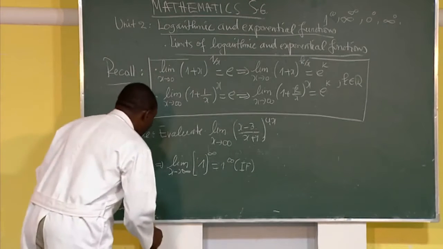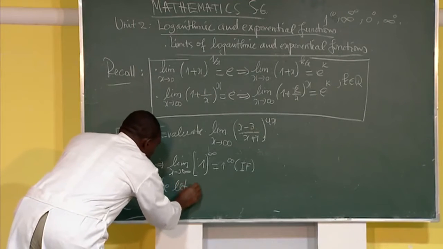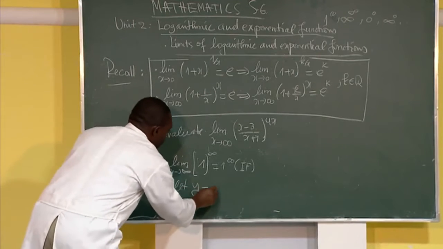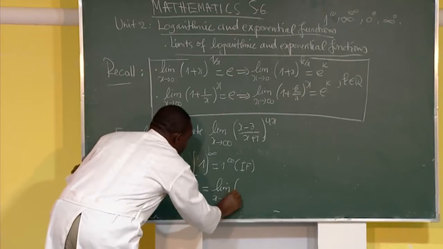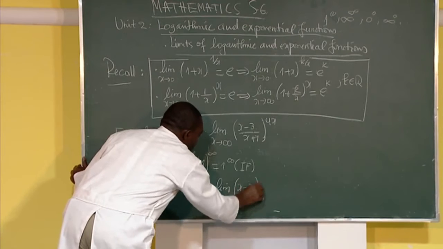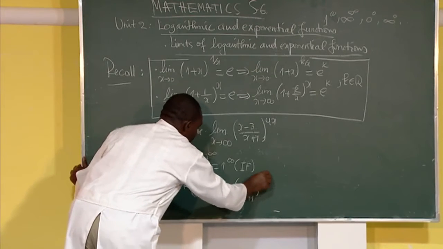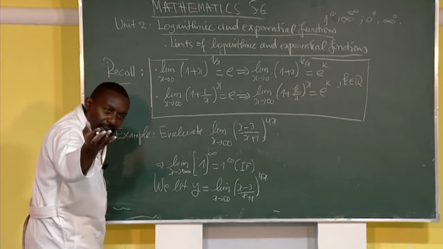So for that purpose, we let y equal the limit as x approaches infinity of (x minus 3) divided by (x plus 1), raised to the power 4x. And we introduce ln on both sides.